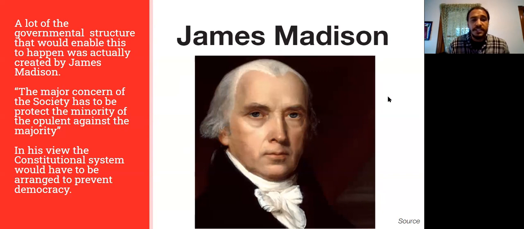A lot of the reason that our government is structured in such a repressive way is that guy, James Madison. His major concern when it came to society was that the government must protect the minority of the opulent against the majority. Meaning, in his view, the constitutional system would have to prevent democracy.